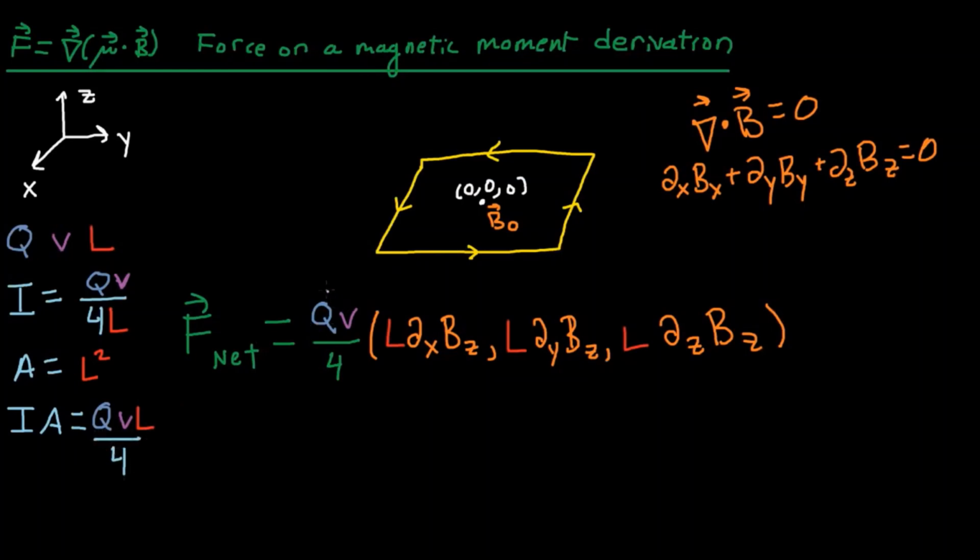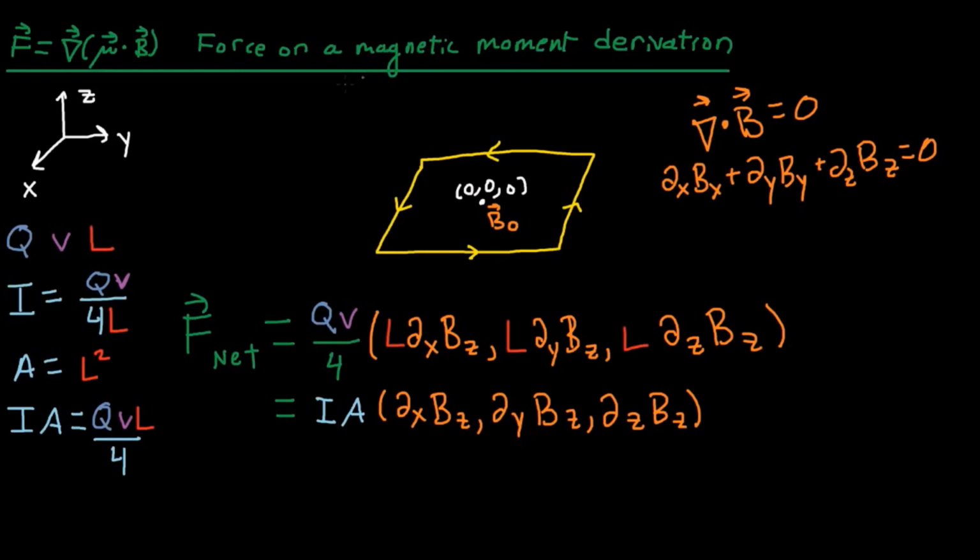And notice that QVL over 4 is exactly what we're seeing right here in our equation for Fnet. So we can rewrite this as Fnet equals I times A, times the vector with components partial x bz, partial y bz, and partial z bz.